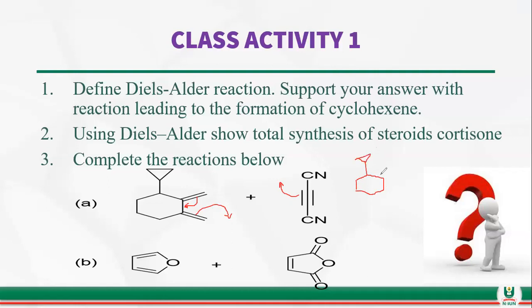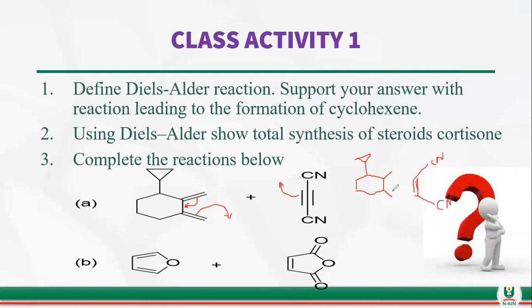Just know the principle. Here you have this, here you have this, and here you have a triple bond. But this triple bond, one of it is going out. So it remains double bond. Double bond bonded with cyanide up. Double bond bonded with cyanide down.